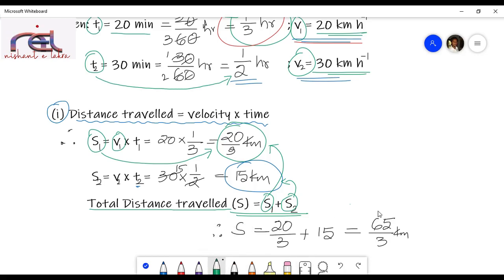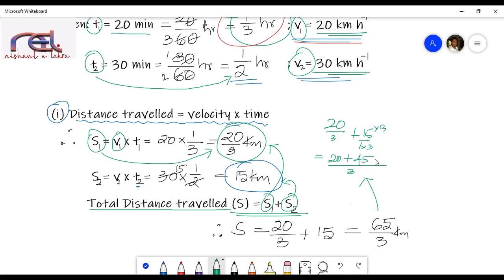Let me just help you understand how we got 65 by 3. I'm sure most of you know how to do it. 20 by 3 plus 15. By default, the denominator is 1. LCM is 3. So 3 ones are 3, 20 ones are 20, 1 threes are 3, and 15 threes are 45.